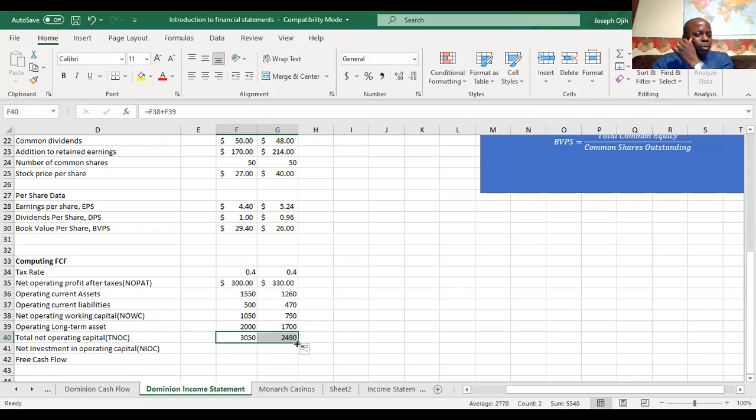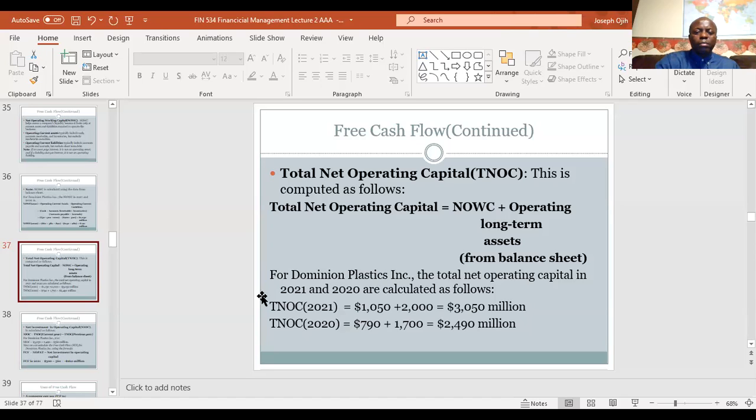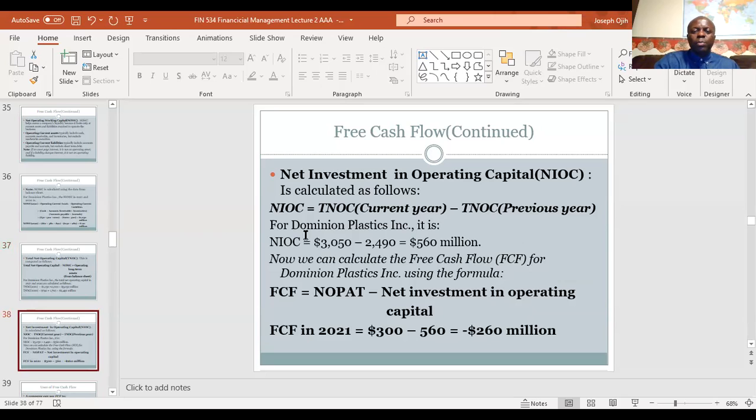Now, one more variable we need to calculate before we can round up with the free cash flow. And that one is net investment in operating capital. Net investment in operating capital simply means the difference between total net operating capital in the current year and total net operating capital in the previous year.